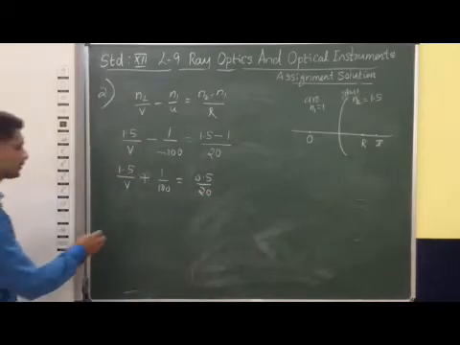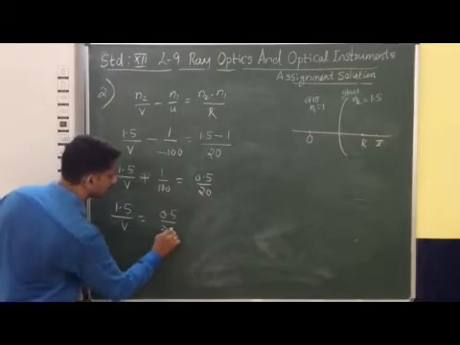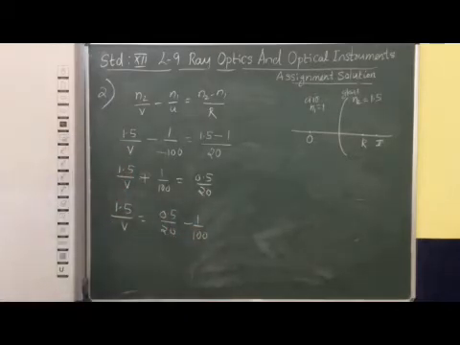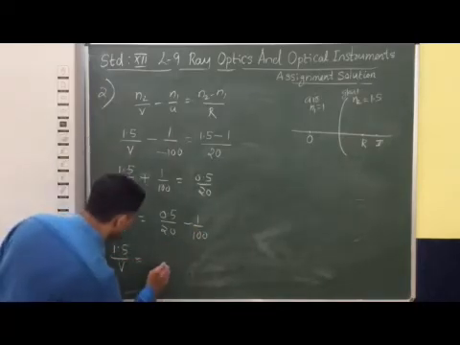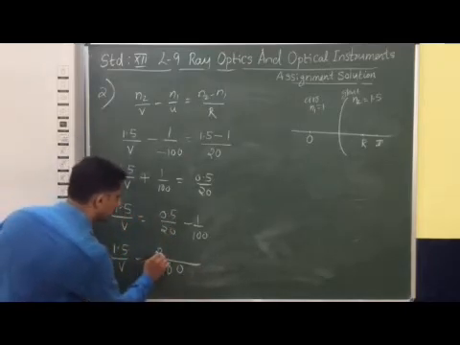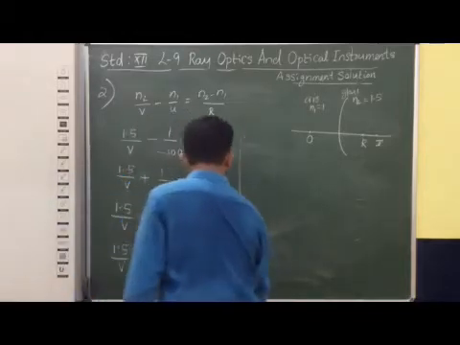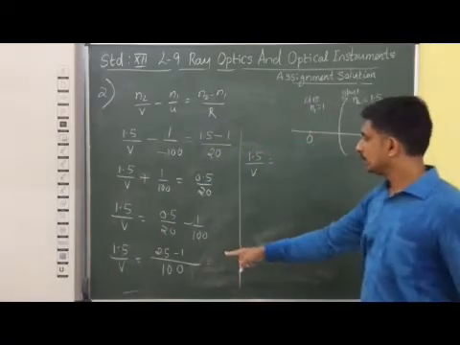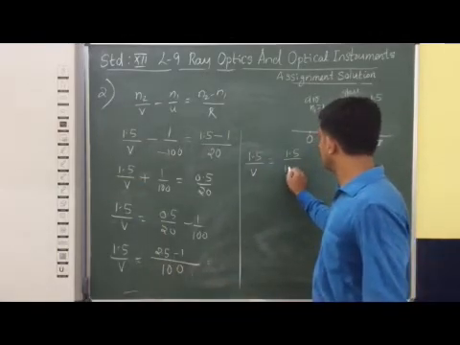We can rearrange this equation. So 1.5 divided by V is equal to 0.5 divided by 20 minus 1 by 100. Simplify this. What is the LCM we can take? 100. So 2.5 minus 1. That means 1.5 divided by V is equal to 1.5 divided by 100.